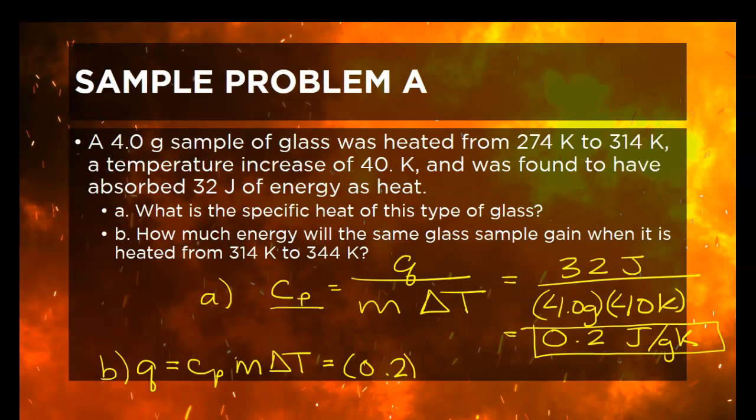We're going to multiply that by the mass of 4 grams, and the temperature raises from 314 to 344, so that's 30 Kelvin. Multiply all those things together, you get 0.2 times 4 times 30.